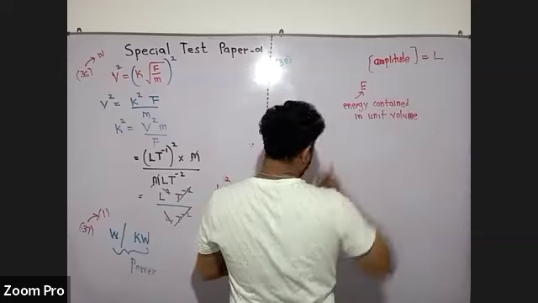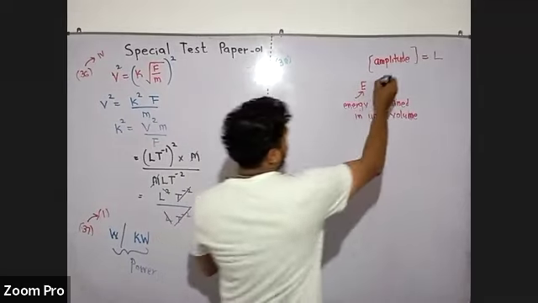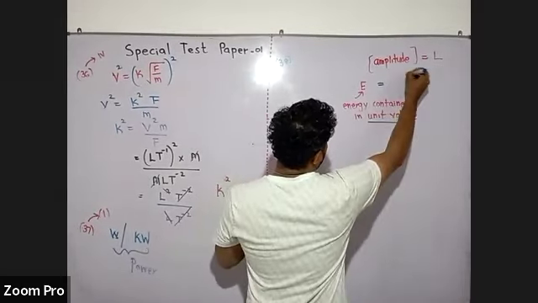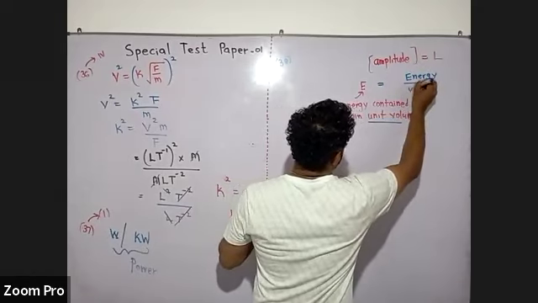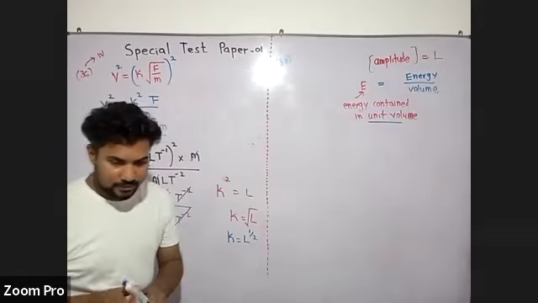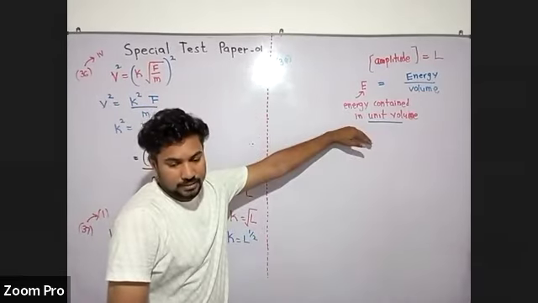Now, how should we obtain the dimension or equation for this E? E means energy contained in unit volume. So that means E represents energy over volume, right? So this is the way that we derive the equation in this kind of instance, right?